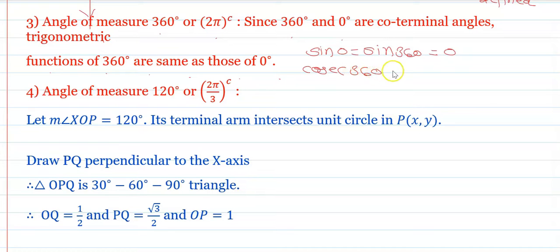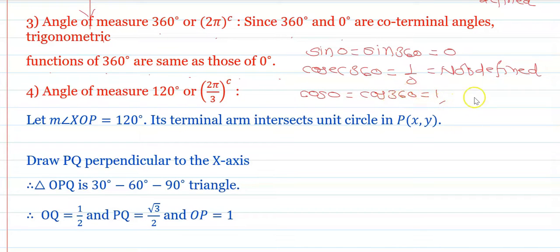Cosec 360 is equal to 1 upon 0, and that is not defined. Next, cos of 0 is equal to cos of 360, and that is equal to 1. Now its reciprocal, sec of 360, reciprocal of 1, that is 1 upon 1, then you will get 1.